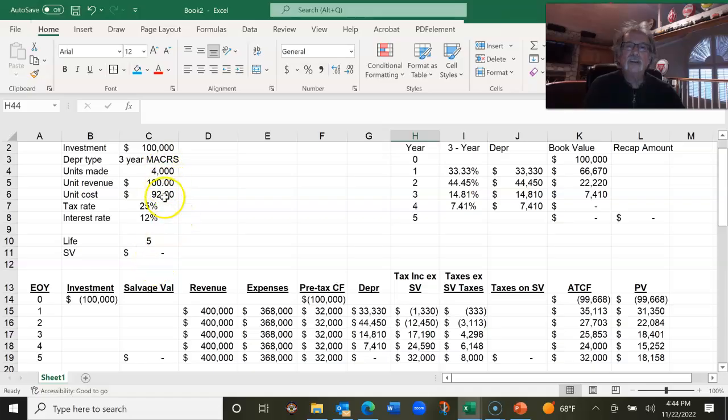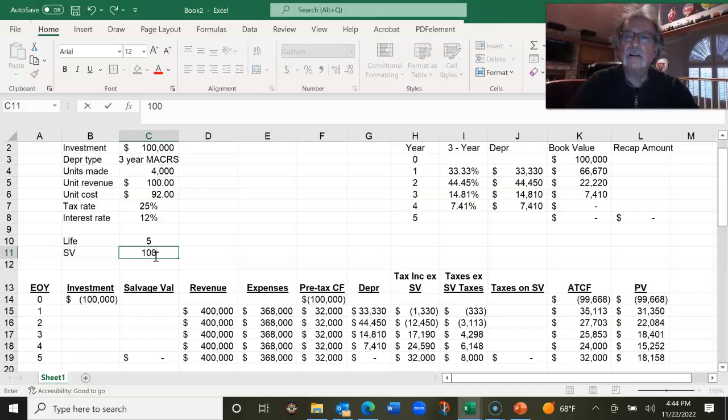We're going to depreciate to zero, so there's no salvage value tax impact. And so I've split out my salvage value, and then I've split out my taxes on salvage value. Let's say that I had $1,000 salvage value. So this is just kind of a what if. So instead of zero, $1,000.